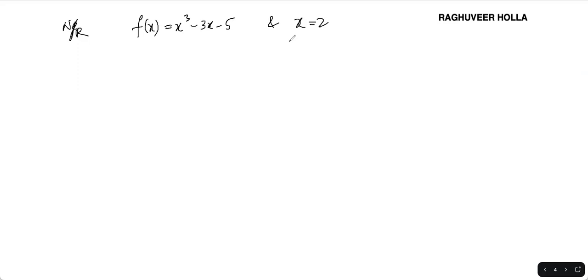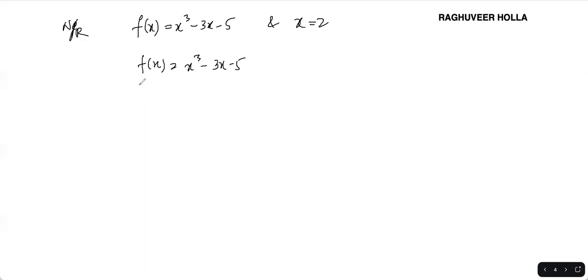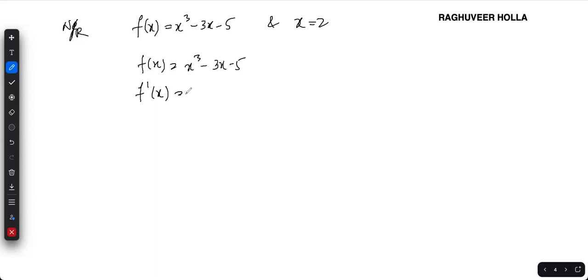Okay, so keeping this in mind, first thing, this is f of x is equal to x cubed minus 3x minus 5. So here you got to differentiate this, find the f dash of x, which is 3x square minus 3, or we can write this 3 multiplied x square minus 1.